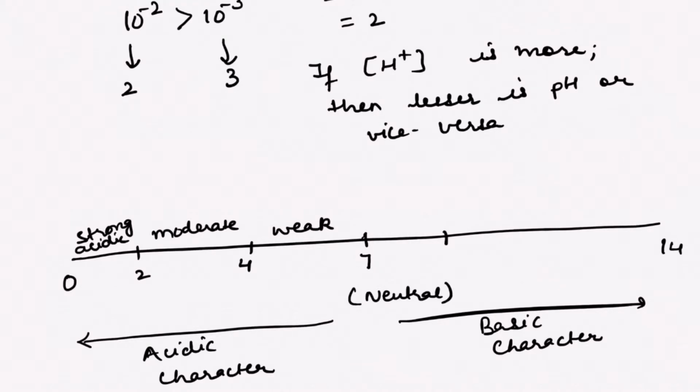Similarly, when you go from 7 to 10, this will be weakly basic. From 10 to 12, that is moderately basic. Obviously from 12 to 14, it will be a strong base, right?